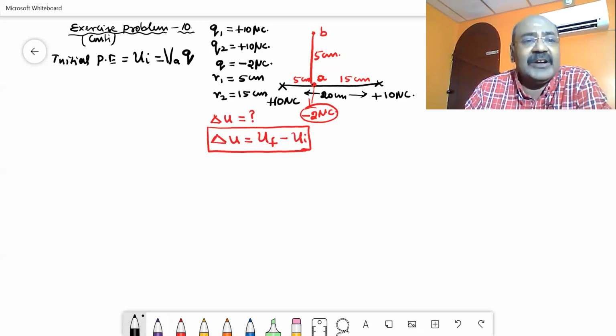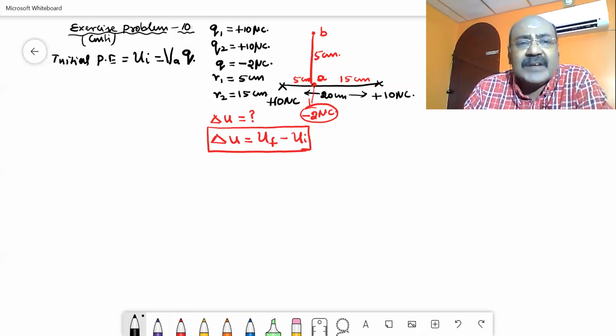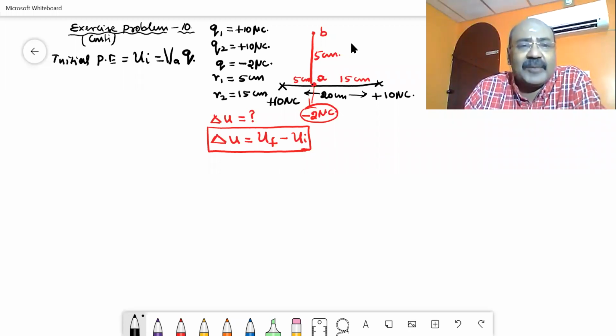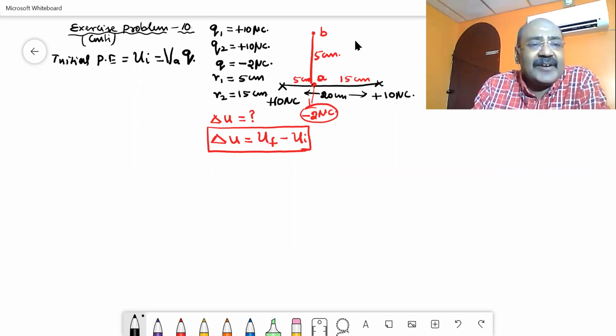So the initial potential energy can be calculated using the formula U_i equals total potential at A into q. Let us calculate the total potential at A.